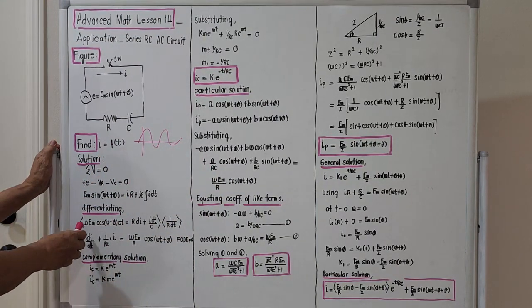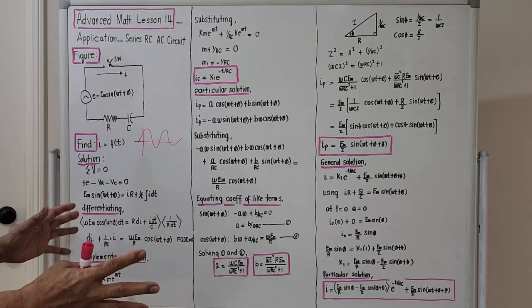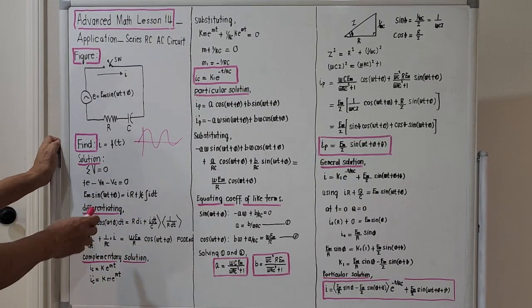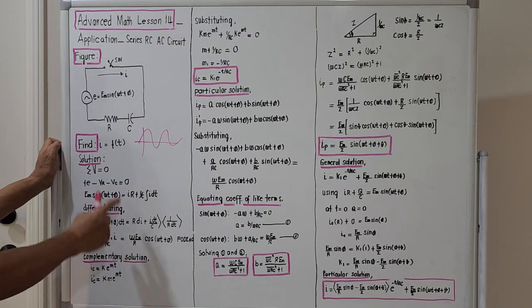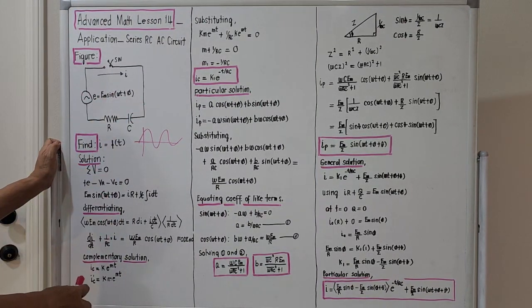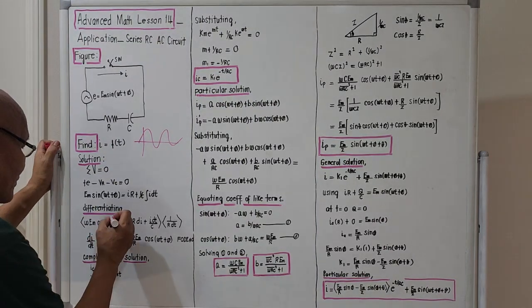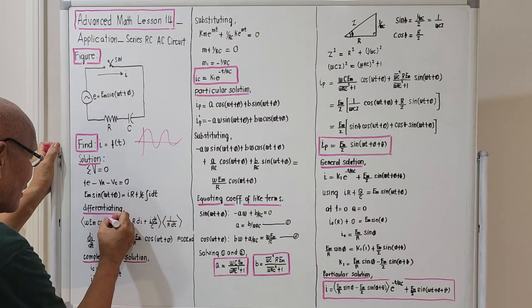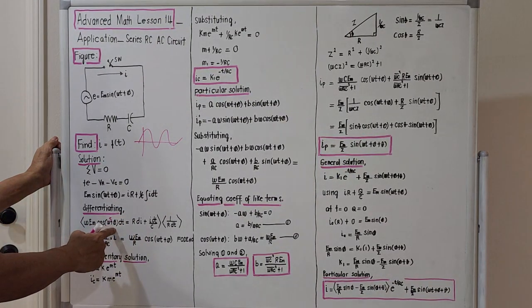It should be omega times E sub m times cosine of omega t plus angle P times the differential time. The differential of a sine is cosine. The differential of the total angle is omega, so there should be a t here. This should be omega t plus angle P, times differential time.